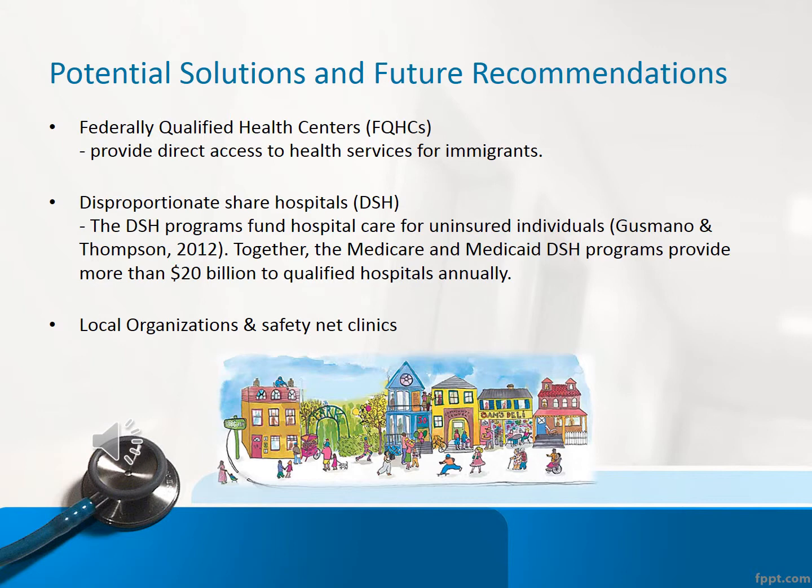Lastly, safety net clinics, which provide free or low-cost care to communities all over the U.S., look heavily at the needs of undocumented immigrants. However, not much is known about the healthcare needs of undocumented patients because they often use emergency rooms for all of their medical needs and care.